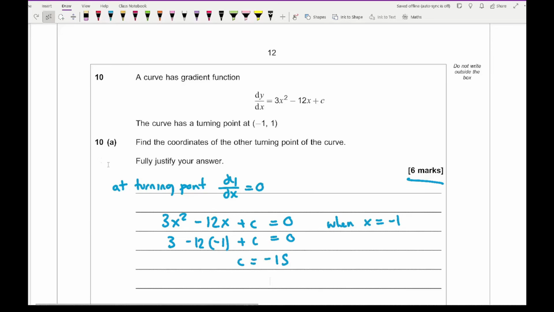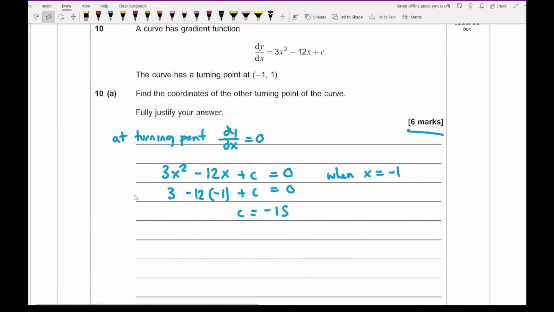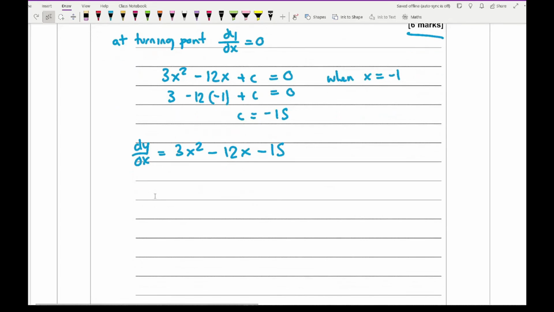So then from this, our dy dx is therefore going to equal 3x squared minus 12x minus 15. We know that we're trying to find the other turning point, so we make this equal to 0. So we've got 3x squared minus 12x minus 15 equals 0. And then we can go on to solve this.